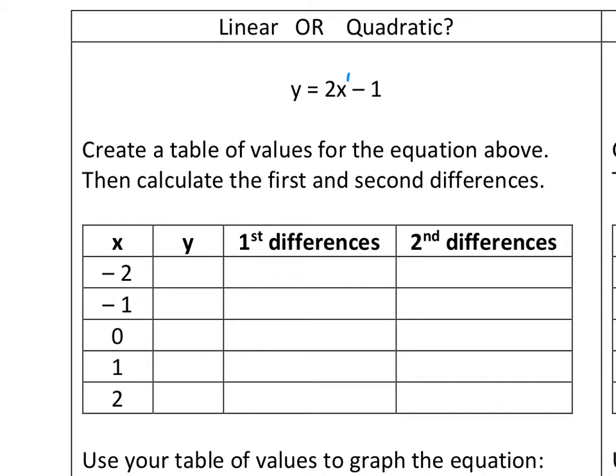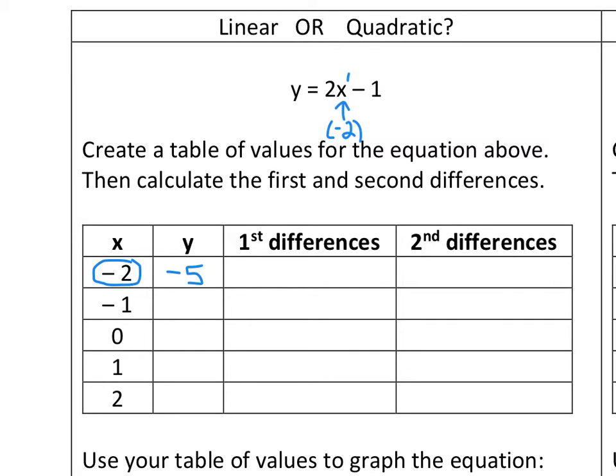So what we're going to do is replace x inside of our equation with all of the different values. The first one that we're going to replace x with is -2. So now you're going to take out your calculators and we're going to work through the equation replacing x with -2. So 2 multiplied by -2 equals -4 minus 1 equals -5.